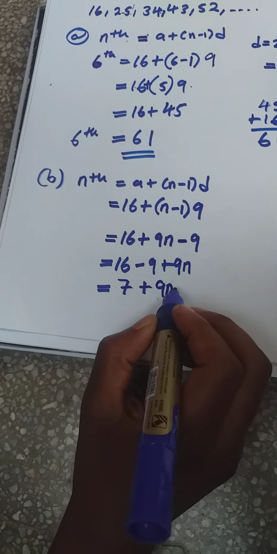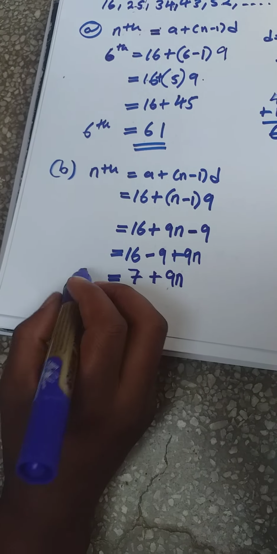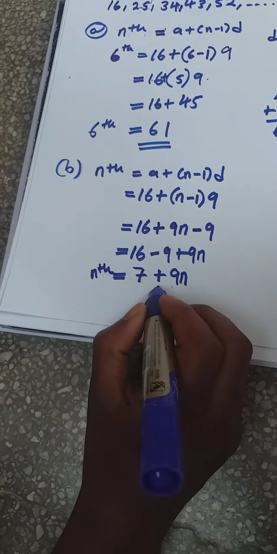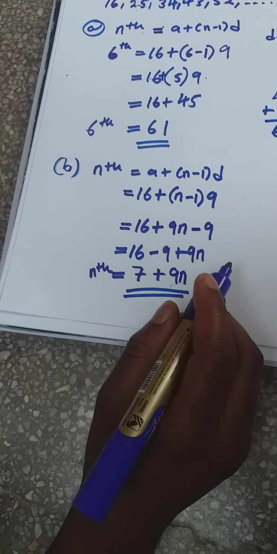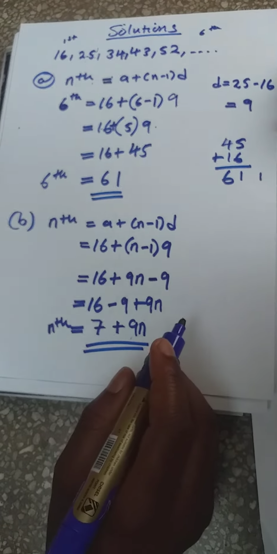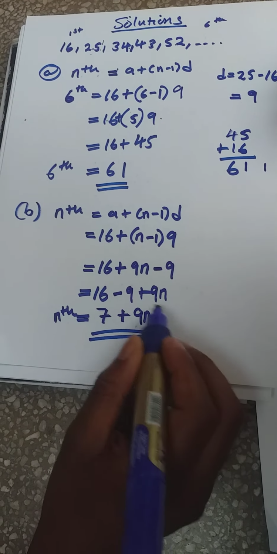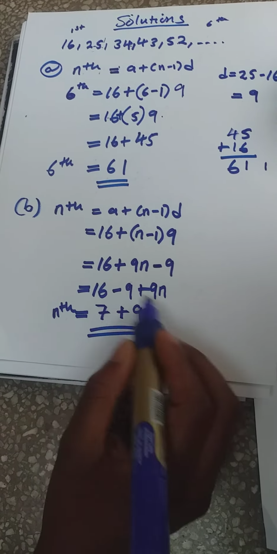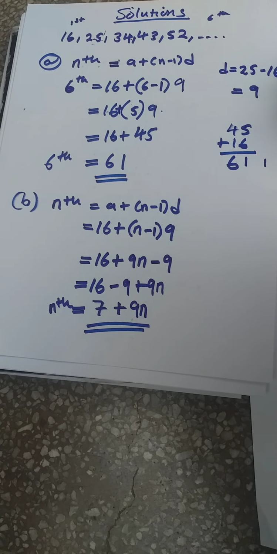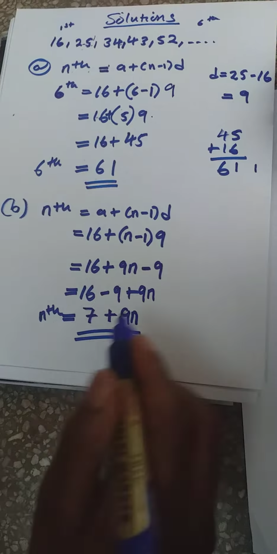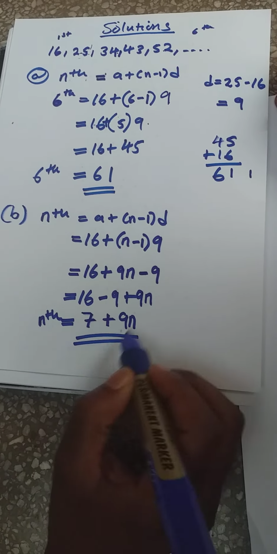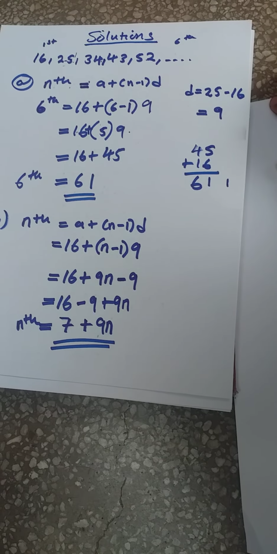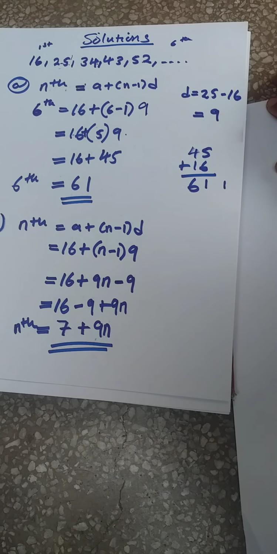Okay, so this becomes the expression for the nth term. So this becomes your solution. When you're talking about the nth term, since you are not replacing anything at n, you do not give them the actual value, you leave the answer as the expression. So this becomes your second solution. So that was for 2018.